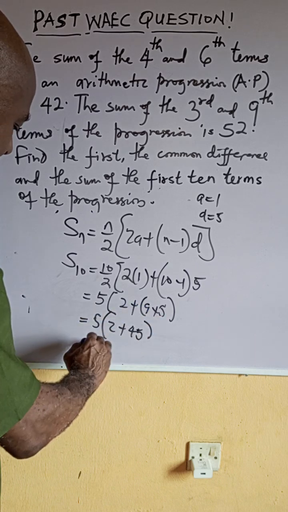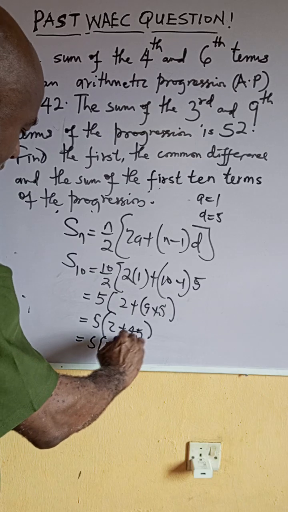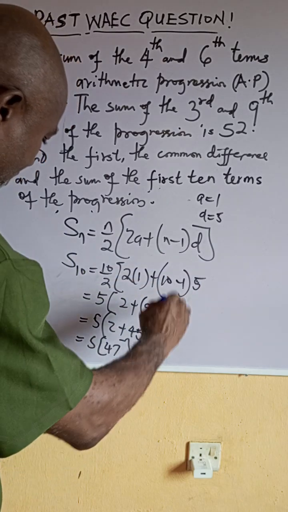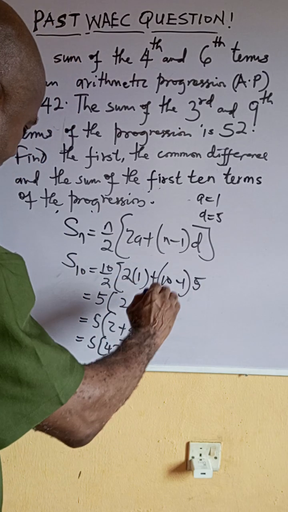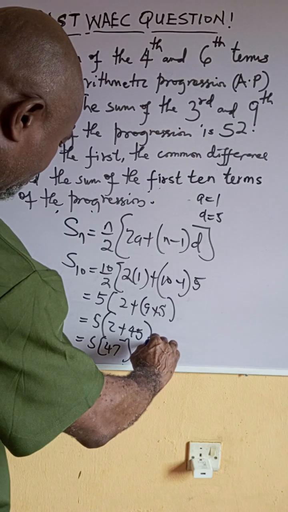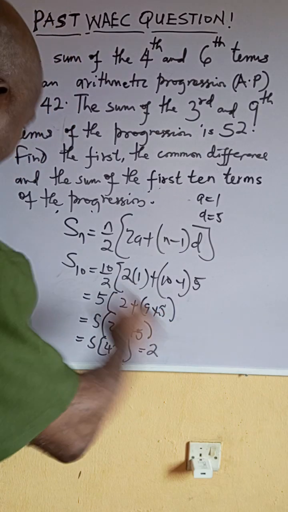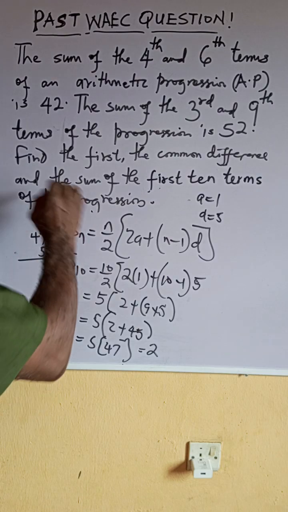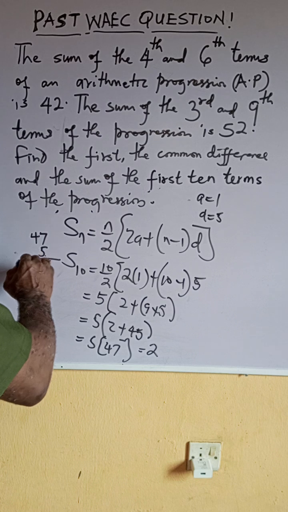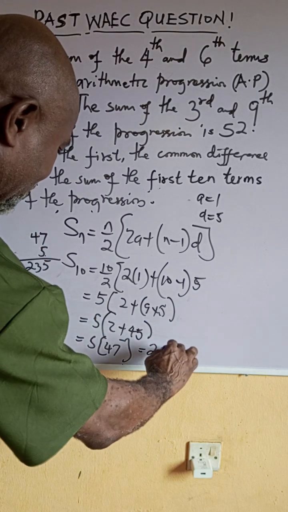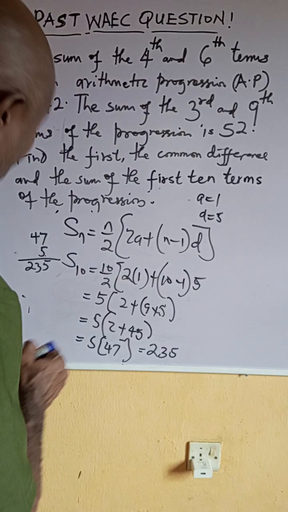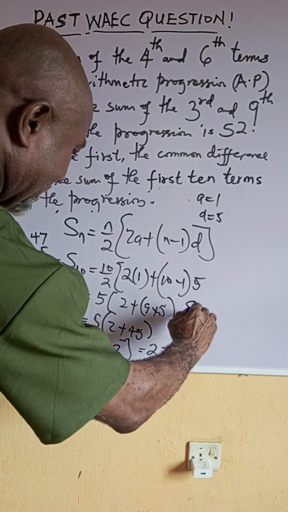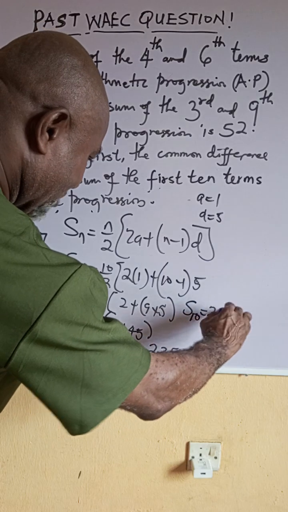So that is 5 into 47. If 5 multiplies 47, it will give us 235. So the sum of the first 10 terms of this sequence is 235.